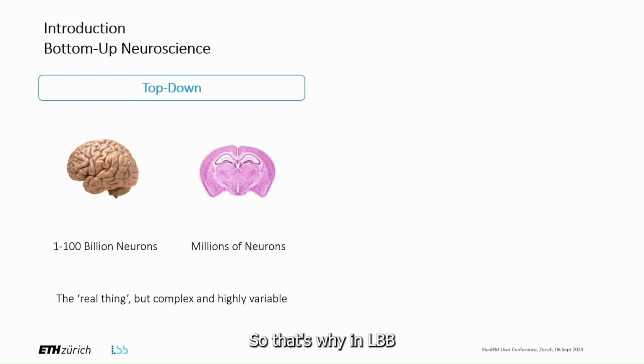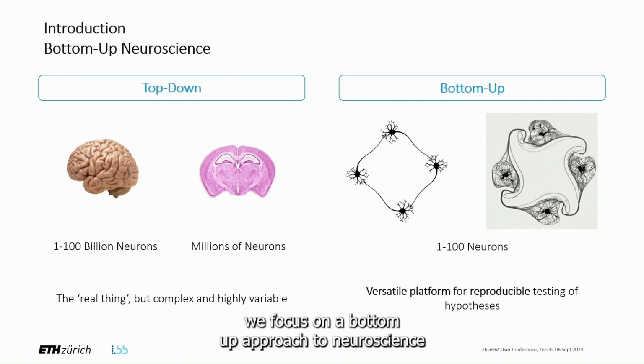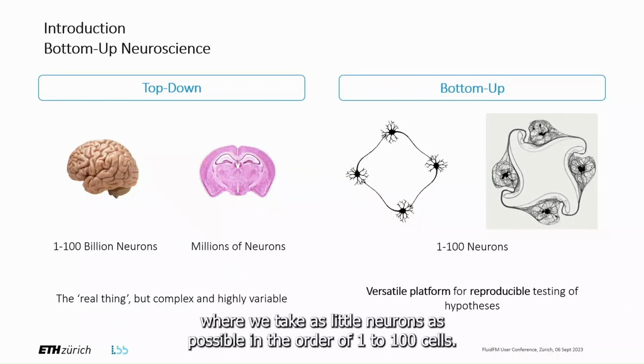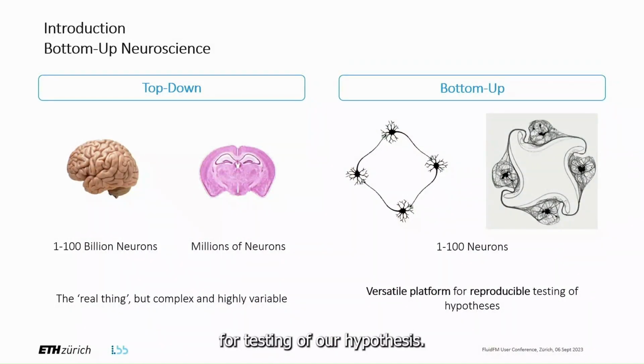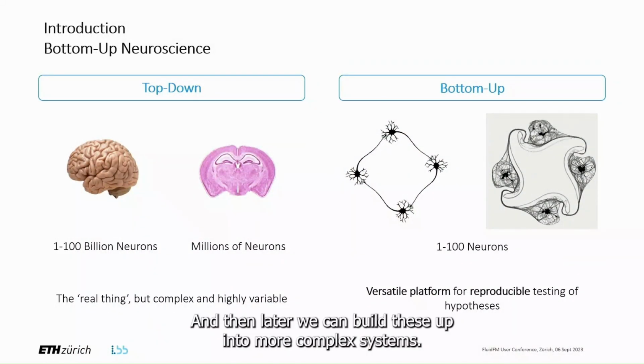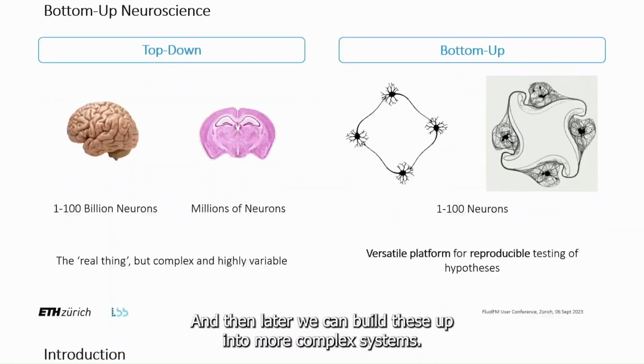So that's why in LBB, we focus on a bottom-up approach, whereby we just look at one unit of the brain, where we take as few neurons as possible, in the order of 1 to 100 cells, and we try to create neuronal circuits which are a bit more reproducible for testing our hypotheses. Then later we can build these up into more complex systems.